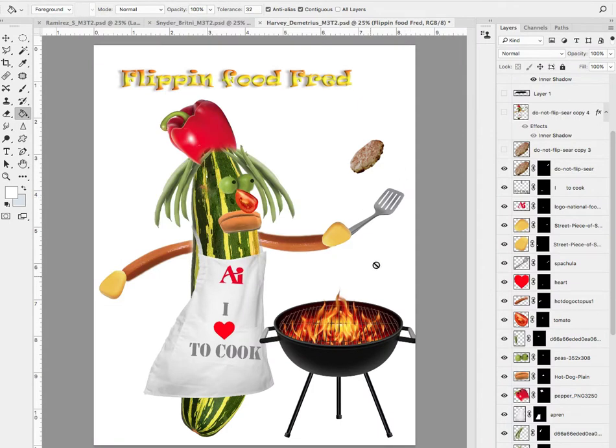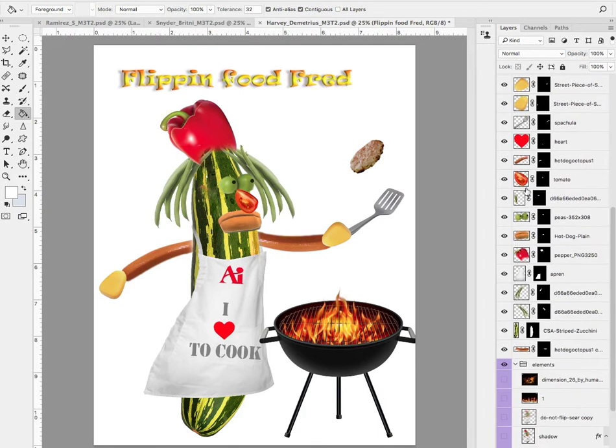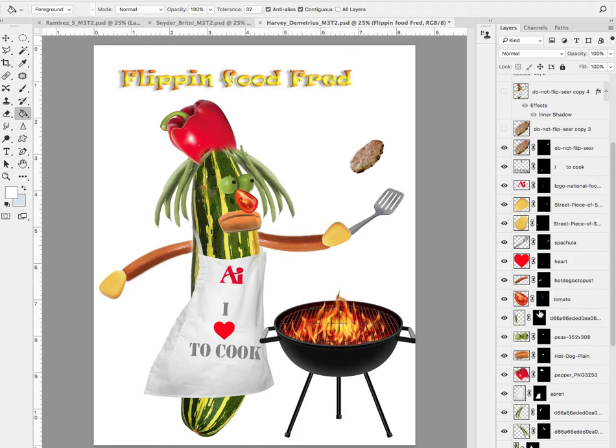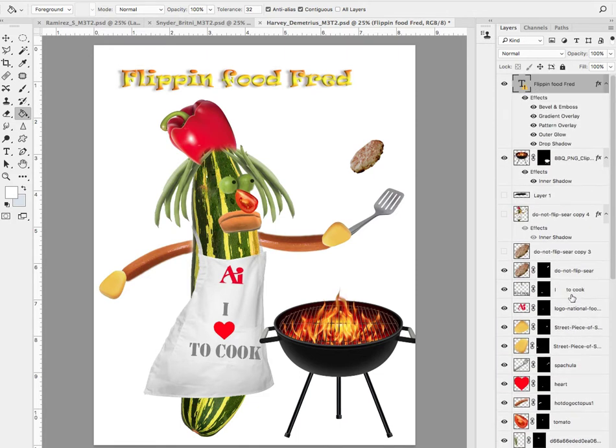In terms of what you have so far, I would suggest scaling some objects so it doesn't look so flat. Again, if you want, let me see where this one is. Where's the cucumber?